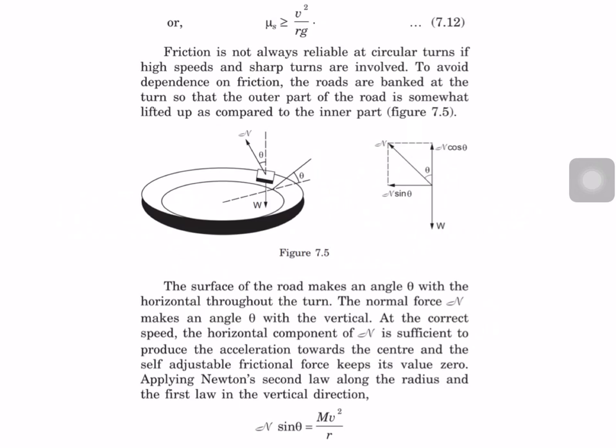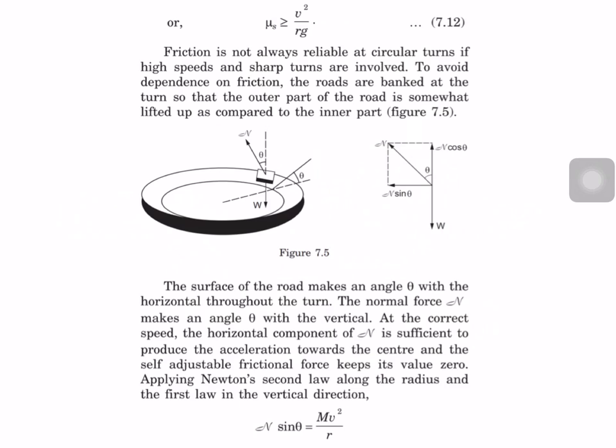So this is called banking of curved roads. The road is constructed in such a way that the outer part is raised from the inner part. So these types of roads are called banked curved roads.